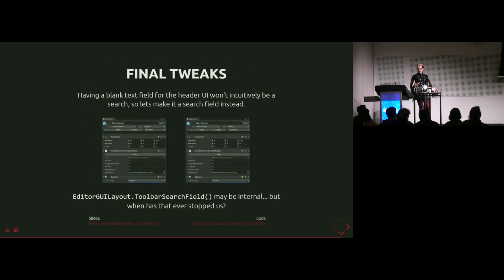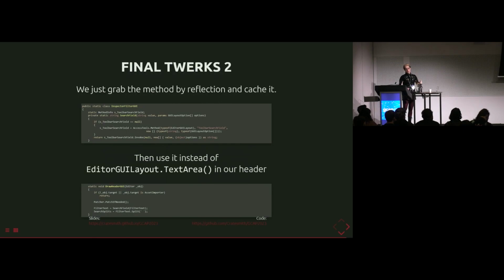So final tweaks. We've got it working now. It's done. The only last thing is currently our text area is that default Unity text area, and no one's going to recognize that as a search box. There is an EditorGUILayout.ToolbarSearchField, but it's internal. But I mean, that's not going to stop us. Because we call this one really often, I'm going to do a bit of an extra thing. I'm going to create a wrapper function around it, and I'm going to cache off the method info for it.